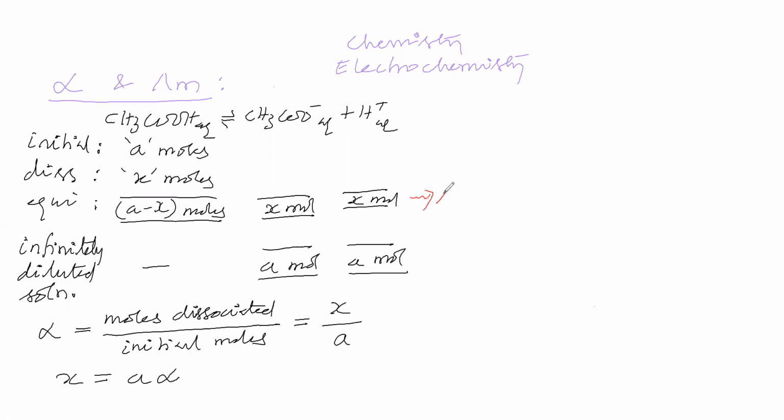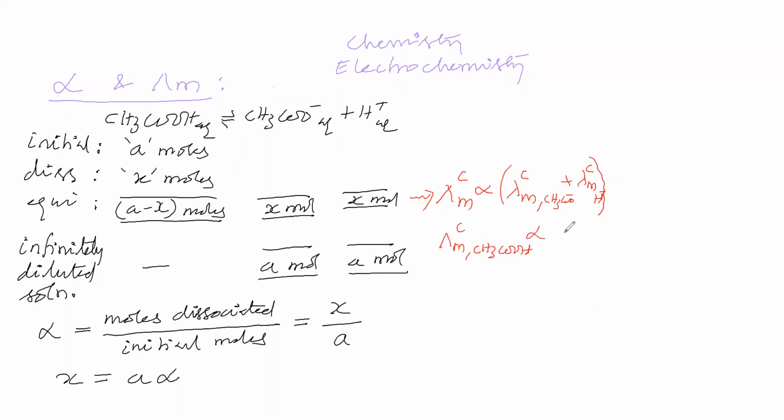Now, molar conductivity at a given concentration is directly proportional to the molar conductivity at a given concentration of the anion, acetate ion, plus the molar conductivity at a given concentration of H plus.